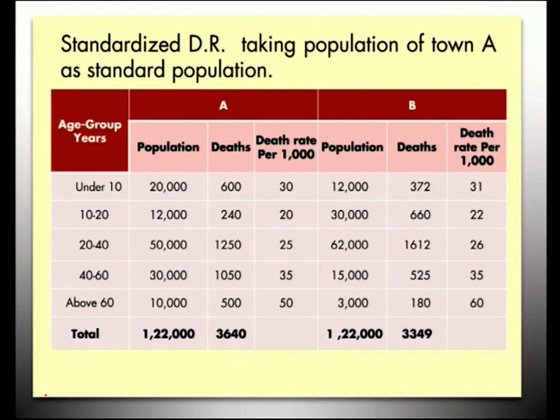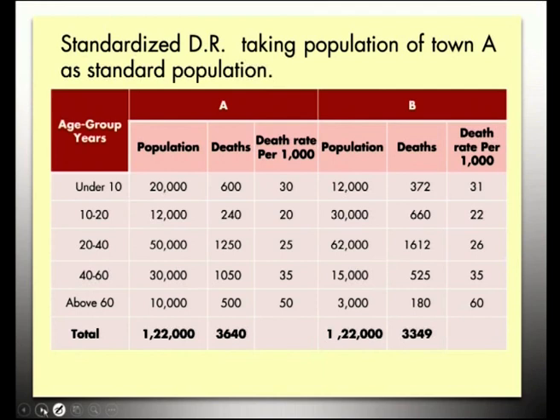Taking the population of town A as the standard population, we just calculate; the population for A is taken as it is because standardization is done with respect to A. So, A's value will be taken into account as it is. So, A: 20,000, 12,000, 50,000, 30,000, and this is the same, and deaths are also the same, 600, 240 like that, and the death rate per 1000 is calculated.